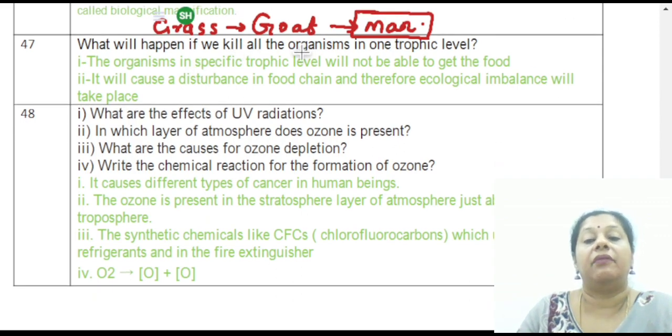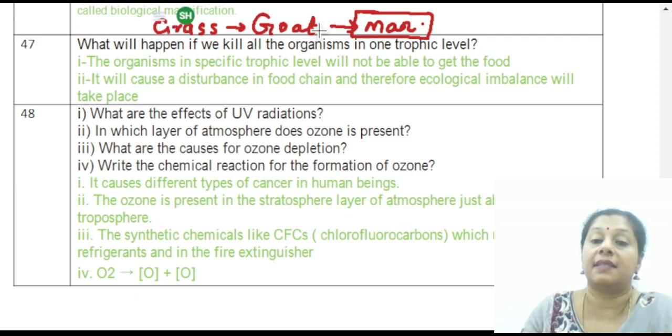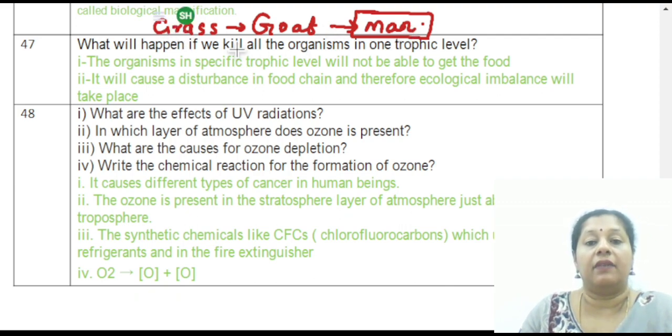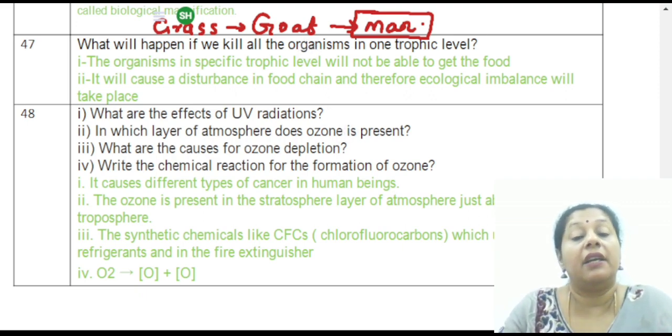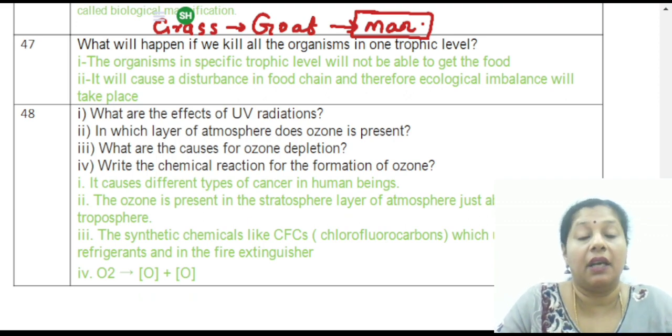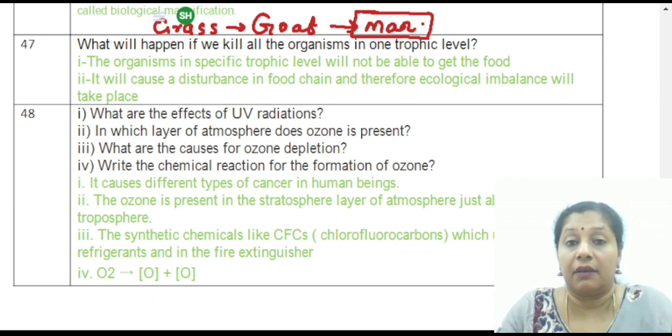What will happen if we kill all the organisms in one trophic level? Suppose all grasses are removed, then the goat will suffer because the goat depends on grass as its source of energy. So the goat population also will be affected. Eventually man also will be affected because human beings depend on goat for their food. In this particular context we are talking about, it's not general.